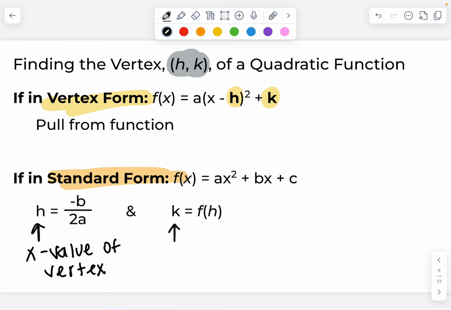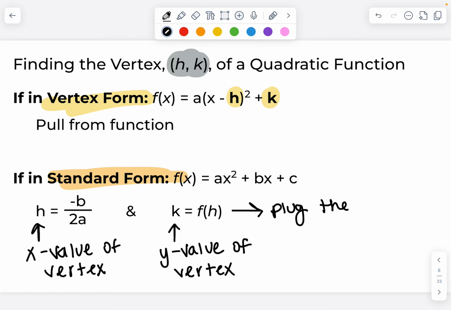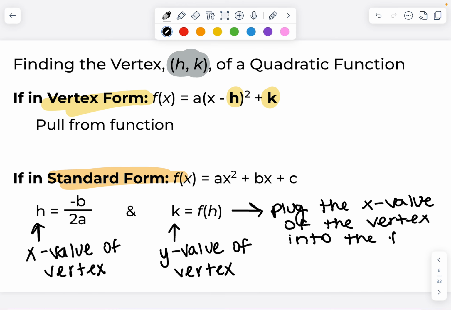And then k, which is the y value of our vertex, we take by plugging whatever x value we get for the vertex into our function, and then we solve for the y value. So that's what this notation right here is saying: plug the x value of the vertex into the function to find the y value.